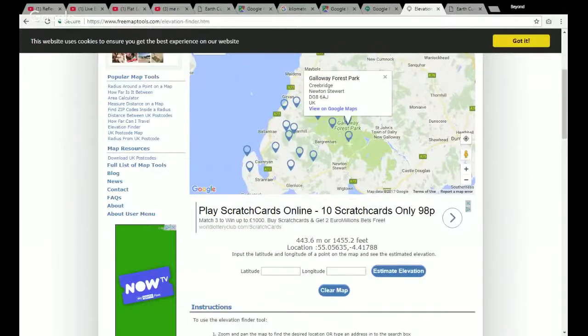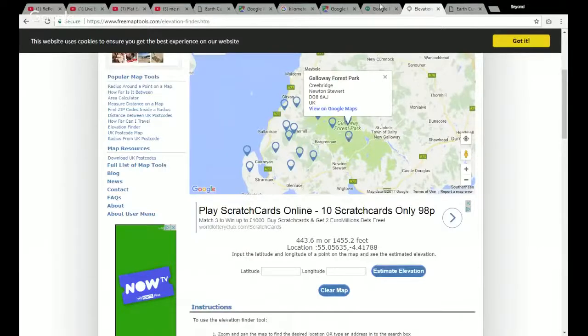Right, there's a maximum point there of 1455 feet. So the curvature is 1200 that should be missing, so we should really be seeing the tip of this highest point here, and that is about all.